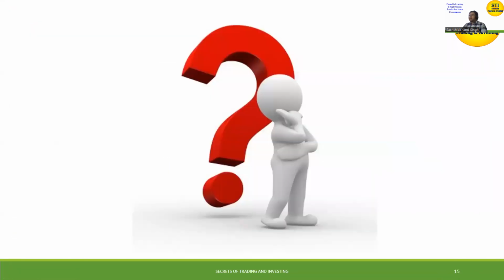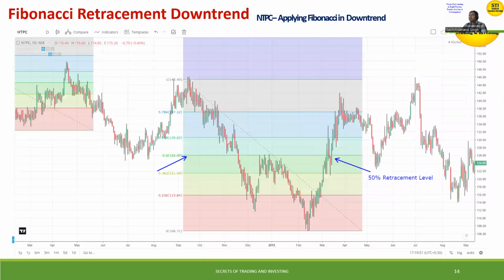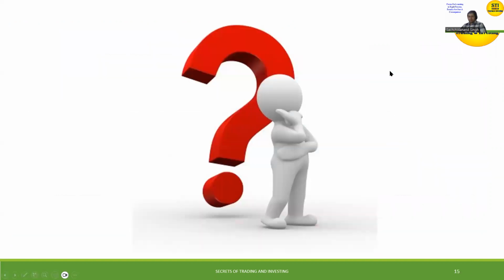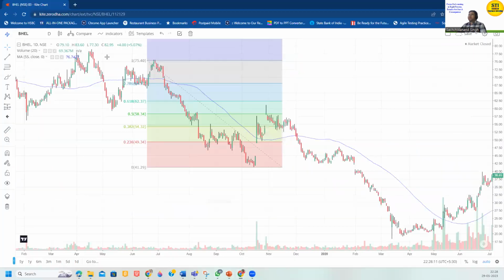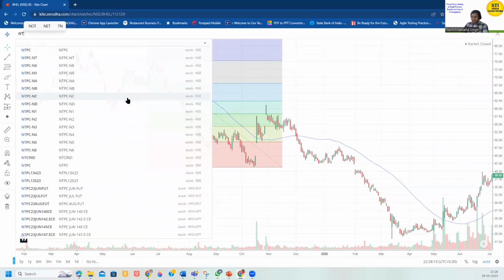Yeah, there is maybe one more example of Fib retracement where the 50% retracement level is happening. So let me show you another example, let's say NTPC only.